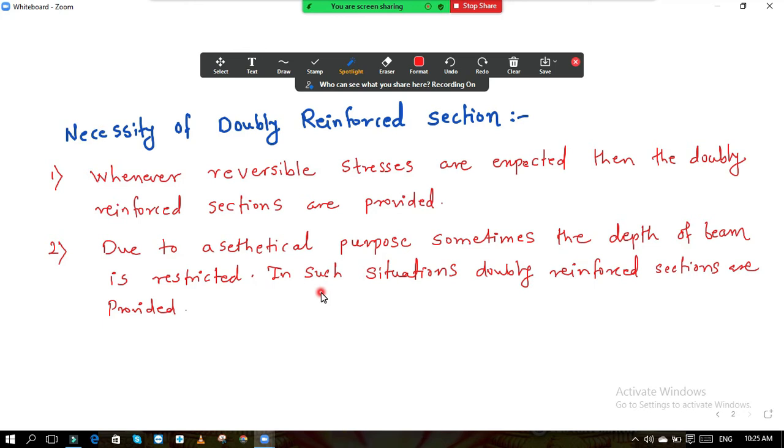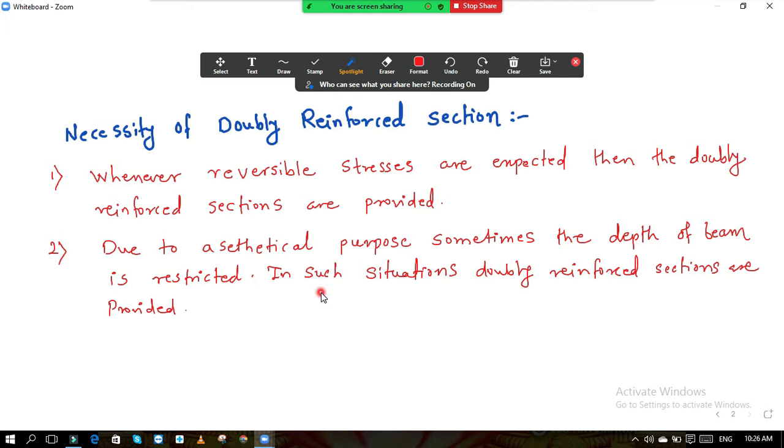Suppose the required depth of the beam is 750 mm, and you are providing a depth of 550 mm. So you are indirectly reducing the concrete by 200 mm. That area should be compensated somewhere in the steel. So you need to increase the area of the steel, and it is increased in the compression zone.